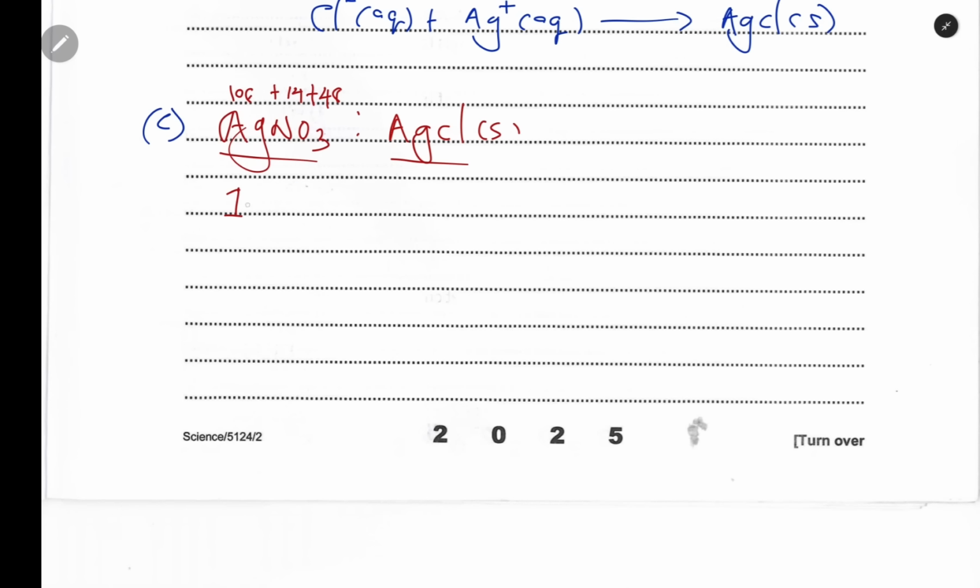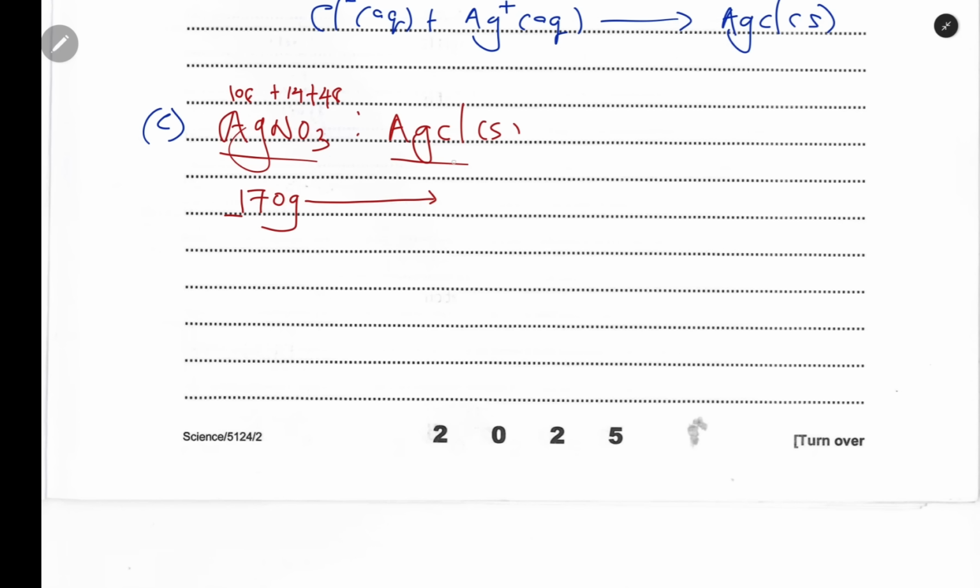So this is 170. Some of you might be asking, where are we getting 170? 170 is just the molar mass of silver nitrate. Silver has a mass of 108, nitrogen has 14, oxygen, there are 3 of them, 48. So we have 170 gram of silver nitrate.